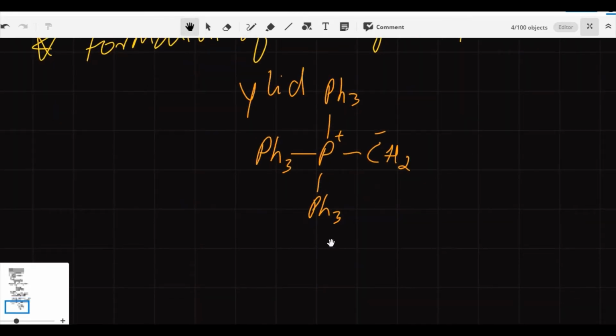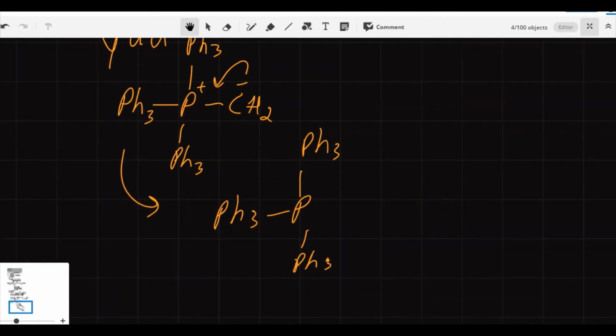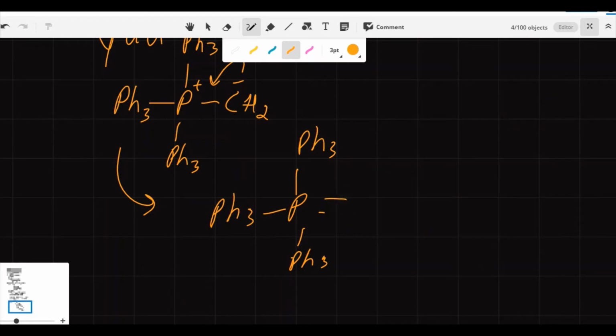And as you know, like sulfur, phosphorus can accommodate more than 8 valence electrons. So a phosphorus ylide can be converted into an uncharged resonance structure: Ph3P, and the negative charge is shifted so that it forms a double bond with CH2.